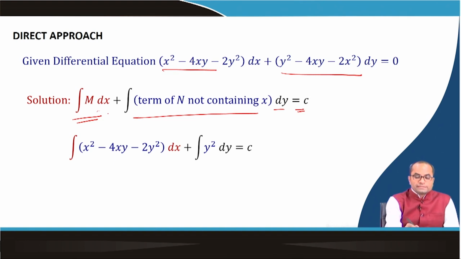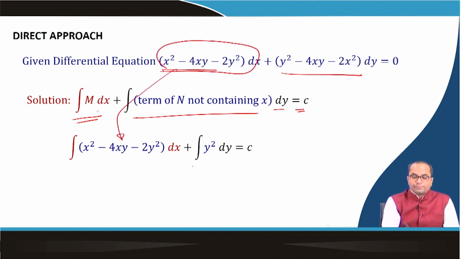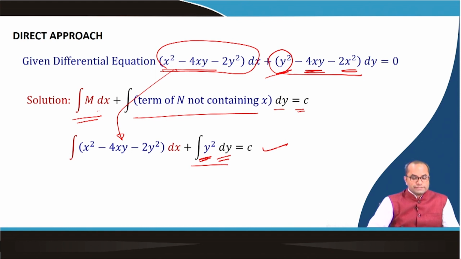So, here M dx means directly this term we will integrate, and plus the terms of N not containing x. So, that is the only term y square. Here y square does not contain x, here x is there, here x is there. So, we will take just y square, and then dy is equal to constant.